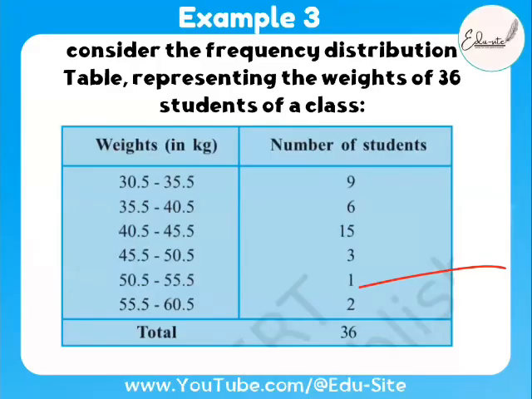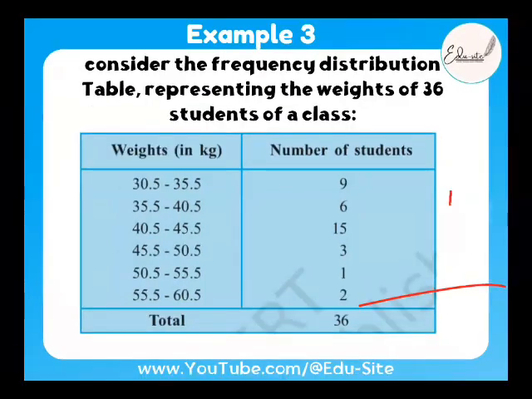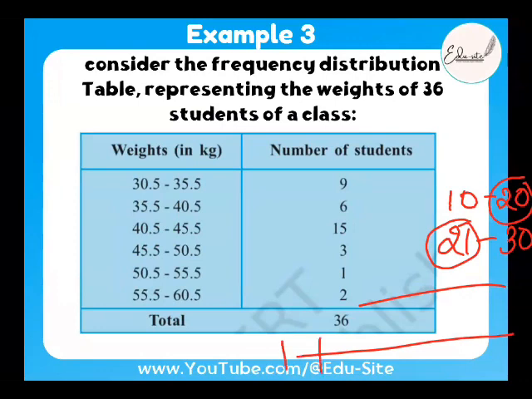What does uniform mean? If you end at 10 to 20, then the next one should not have a gap. It cannot be 21 to 30, okay? This is wrong. This is a non-uniform class interval, because if it starts at 21, on the x-axis you cannot plot it, right? Right, Laiba?